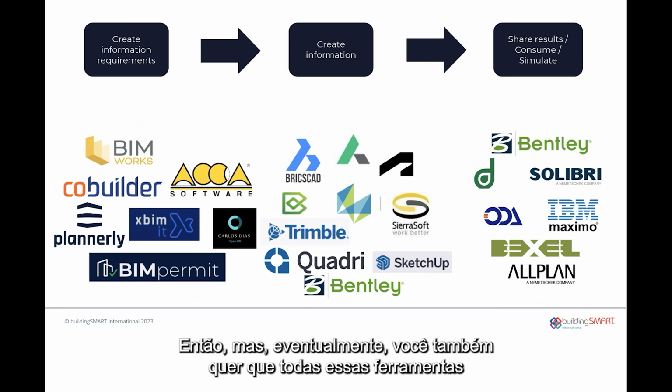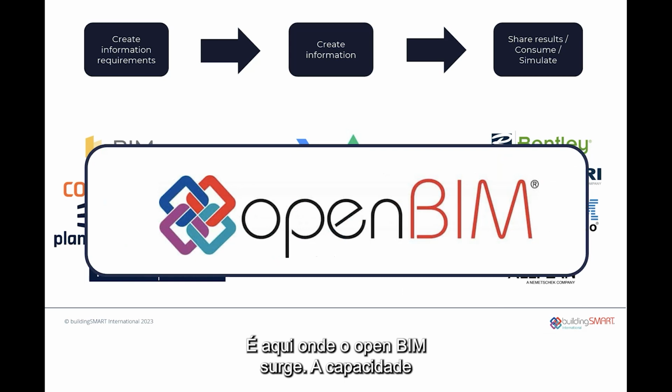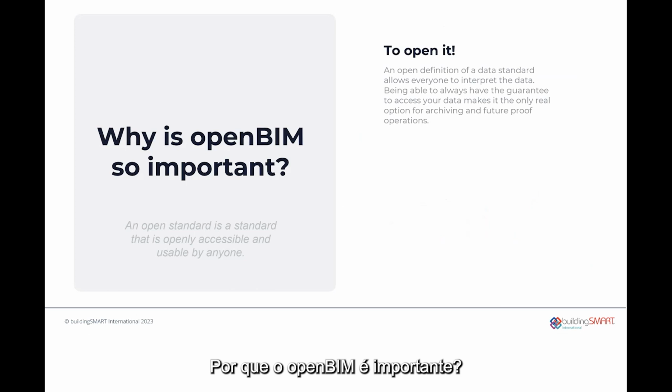So, but eventually also you want all of these software tools to be able to work together in this seemingly integrated workflow. This is where openBIM comes in, the ability to fine-tune and to tweak the tools in a workflow that you decide. Why is openBIM important?